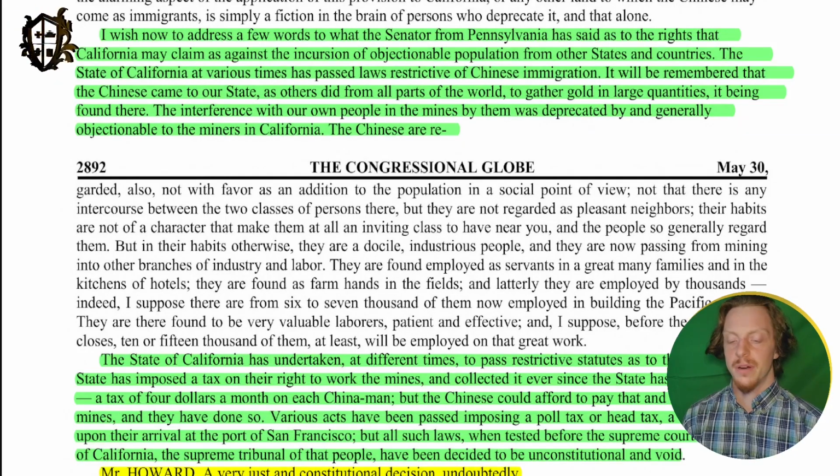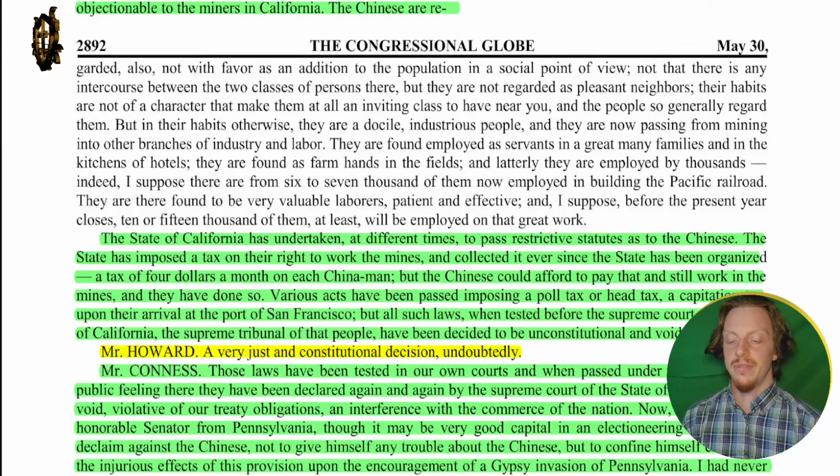The interference with our own people and the mines by them was deprecated by and generally objectionable to the miners in California. The Chinese are regarded also not with favor as an addition to the population in a social point of view, not that there is any intercourse between the two classes of persons there, but they are not regarded as pleasant neighbors. Their habits are not of a character that make them at all an inviting class to have near you, and the people so generally regard them.